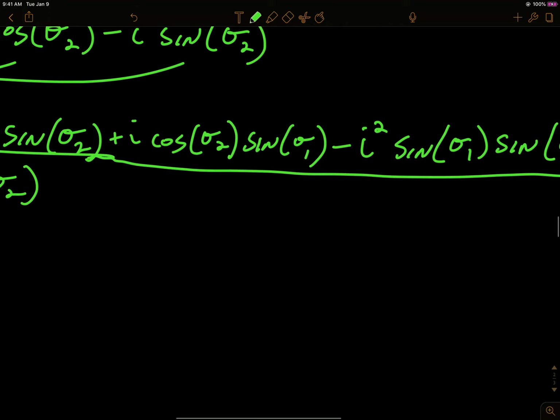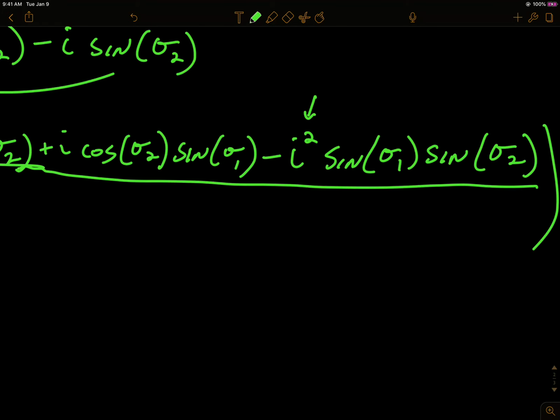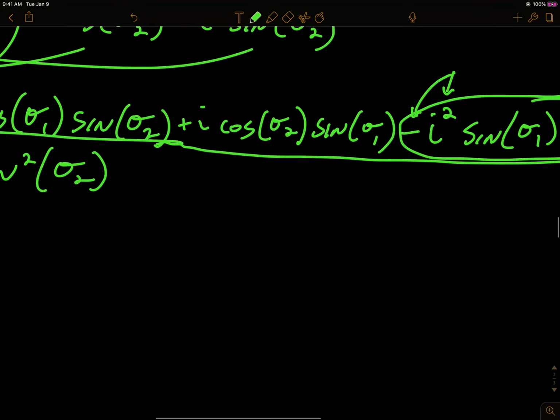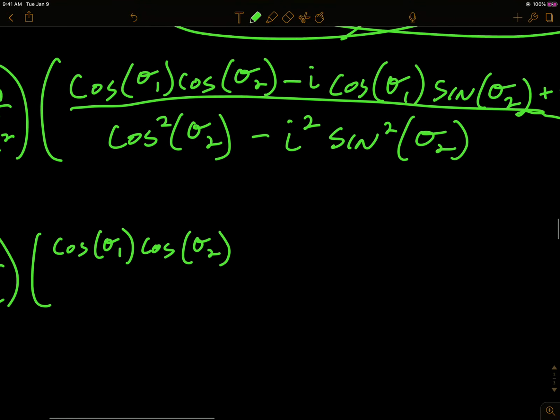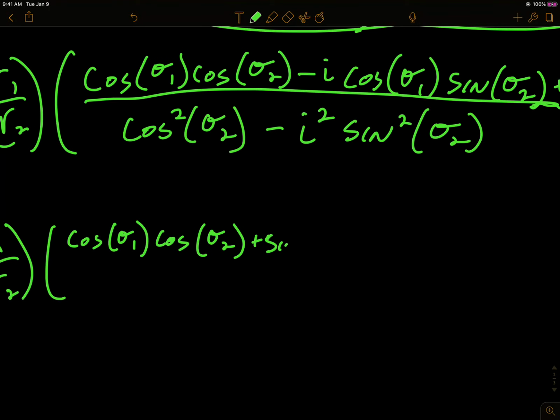And the other real part is going to be this i squared, because it's going to turn to negative 1. So it'll turn this into an addition symbol. So plus sine of theta sub 1, sine of theta sub 2.